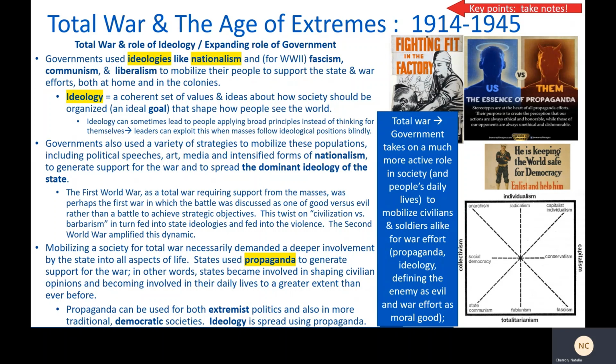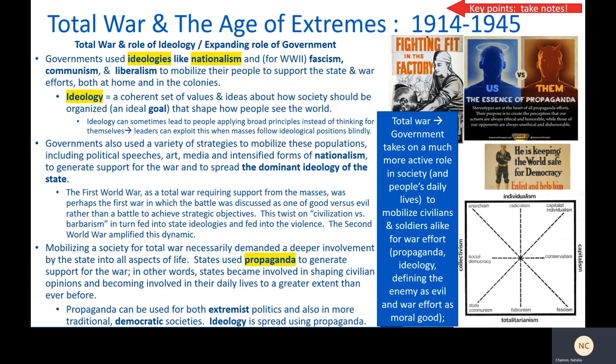And then later, when we get to World War II, we'll see how fascism and communism and Nazism come into play here to mobilize their people to support the state in war efforts, both at home and also in the colonies. And remember, an ideology is a coherent set of values and ideas about how society should be organized.